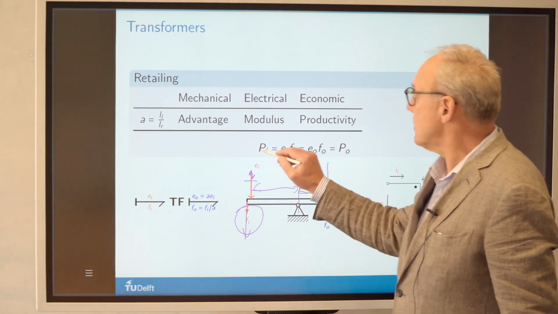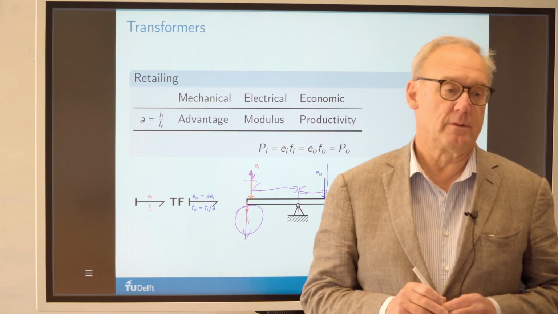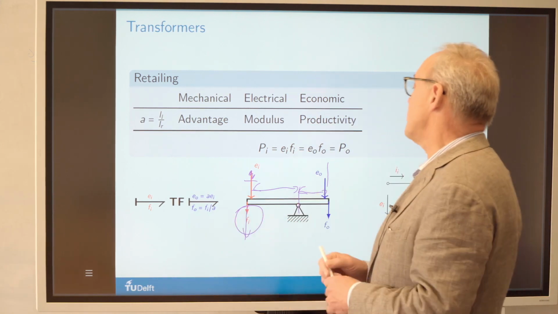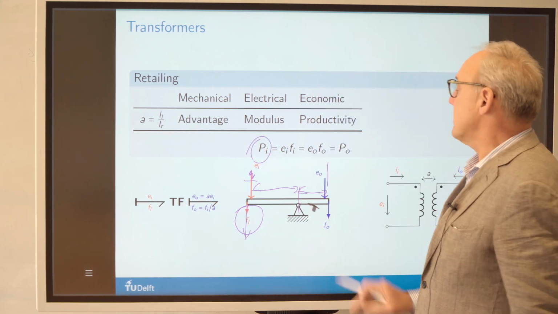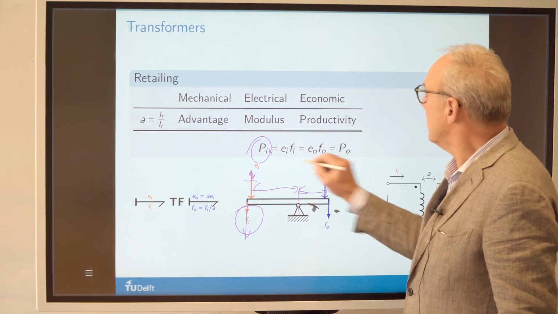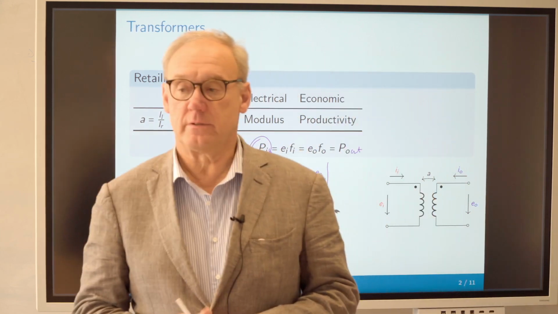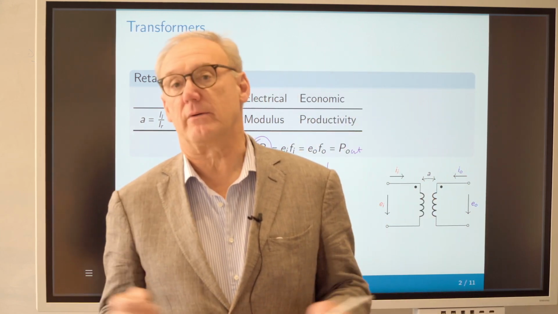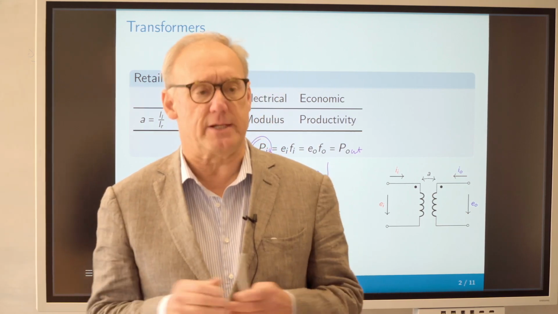It's done in such a way that the product of the two is a constant. And if you look at the product of the two, that's precisely the power. So what the lever is doing is that the power coming in equals the power going out. This I is for in, this is for out. That's all it does. So it preserves power. I mean, it flows the power through and it preserves energy, right?